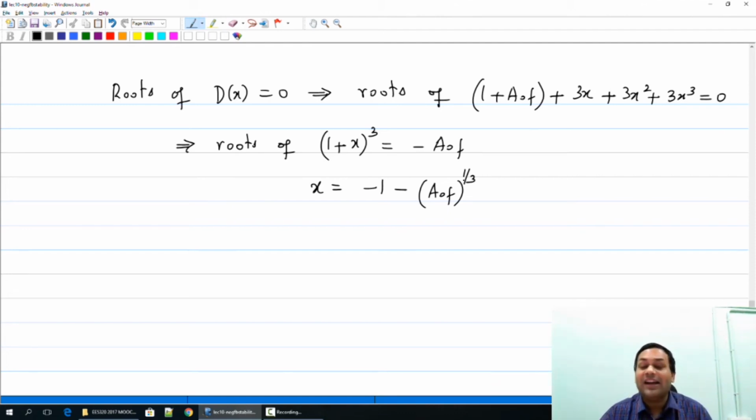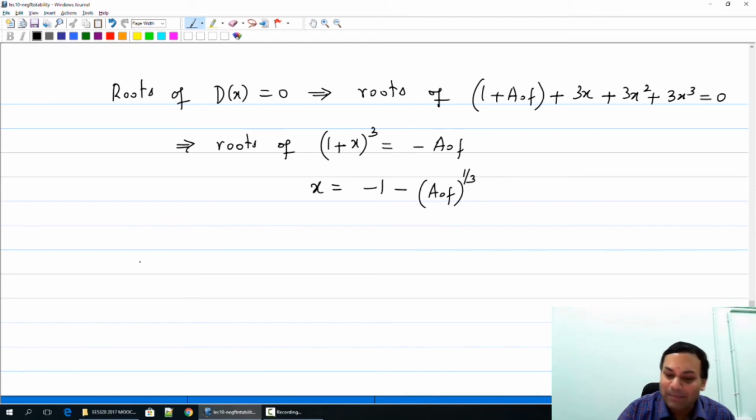However, it turns out that for values of A naught f larger than a particular value, the system starts to have sinusoidal solutions, and more importantly, the complex conjugate roots corresponding to the sinusoidal solution move into the right half plane, which clearly points to an unstable system because it points to a sinusoidal solution whose amplitude is increasing.